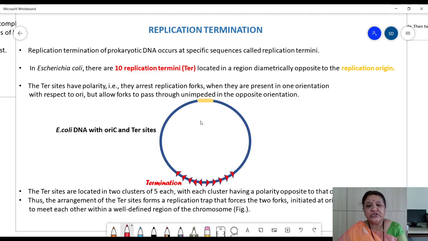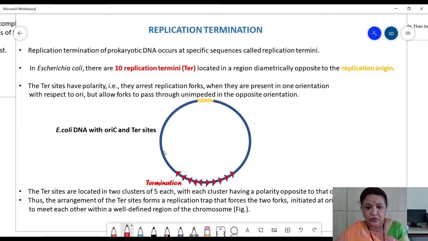Now, replication forks, if they start from here, that is from the origin of replication, will move in opposite directions, and at one point in this termination region, they will meet each other, and there will be termination of replication.